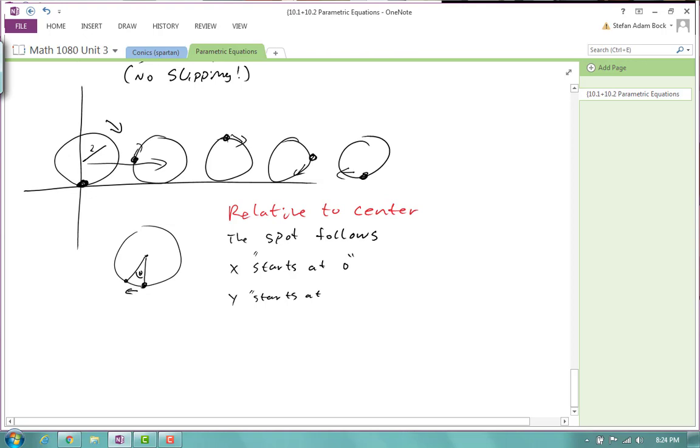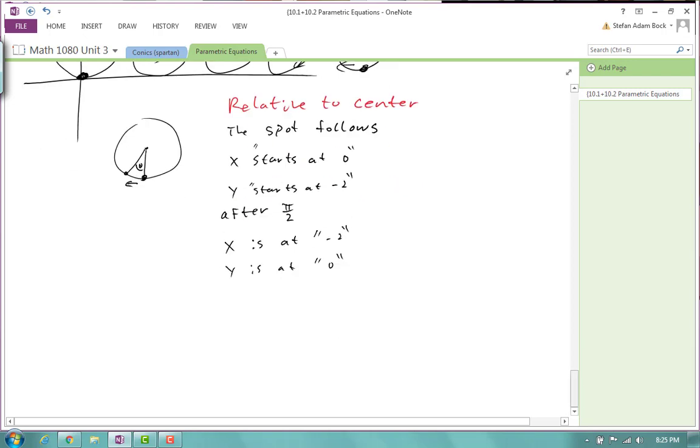So the y starts at -2. After a quarter of rotation, after pi over 2 radians, the x is at -2, and the y is at 0.